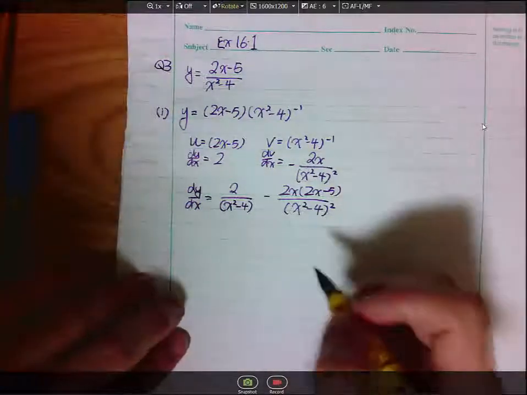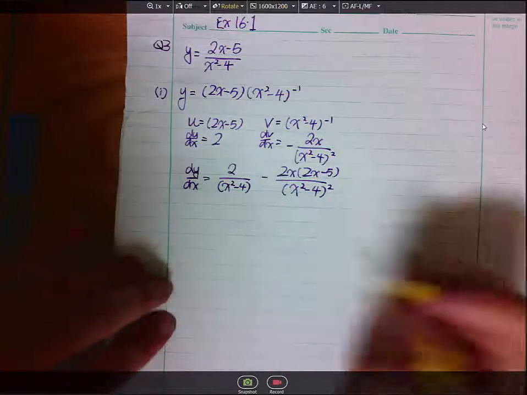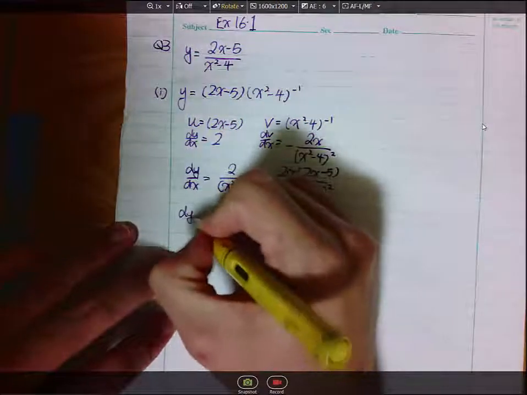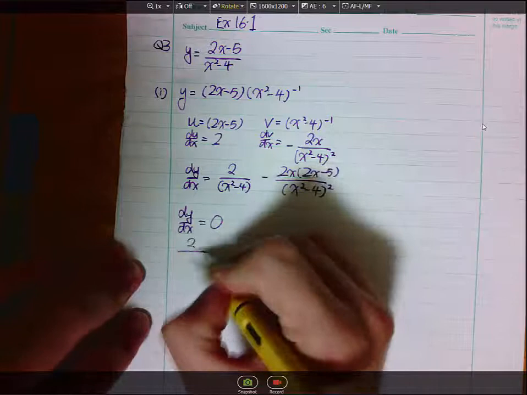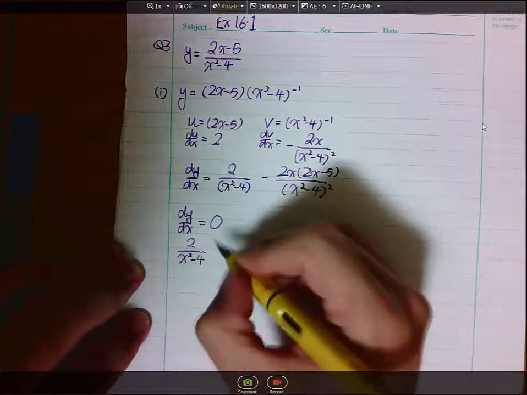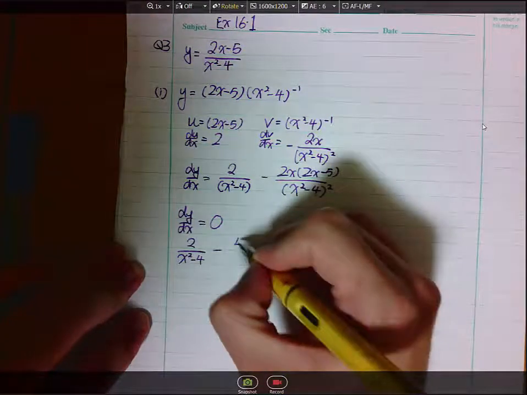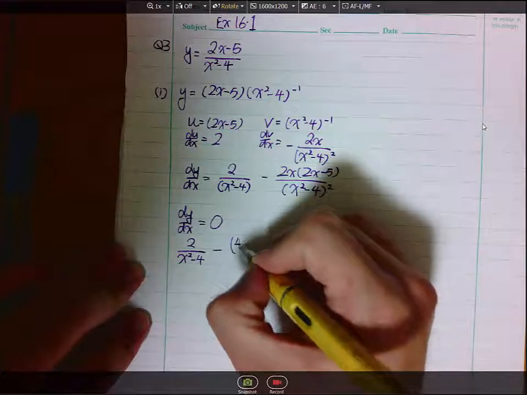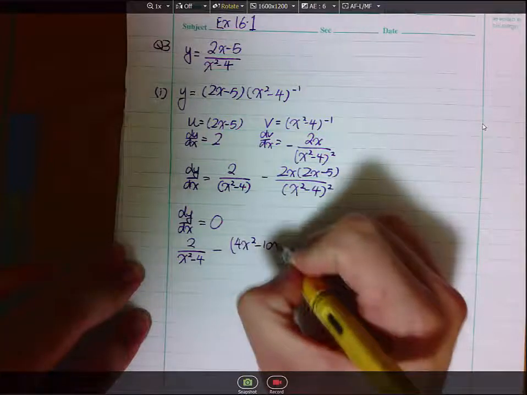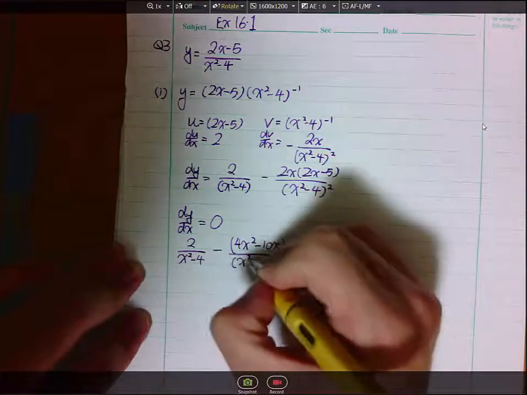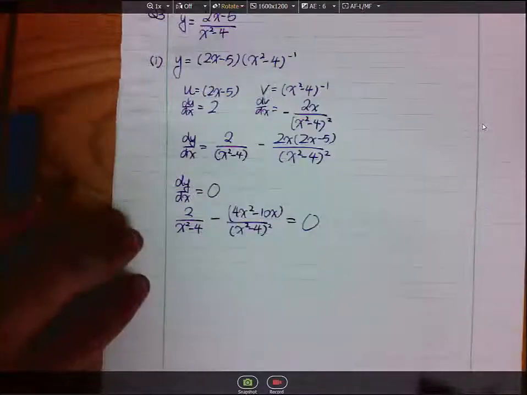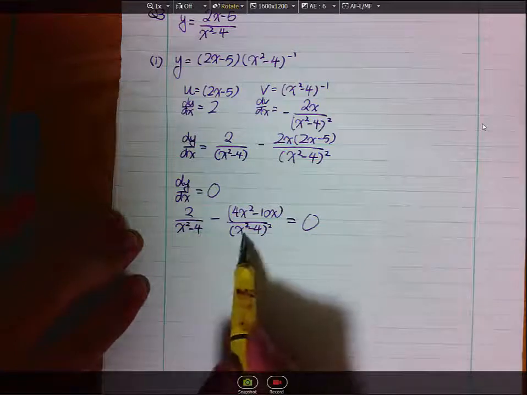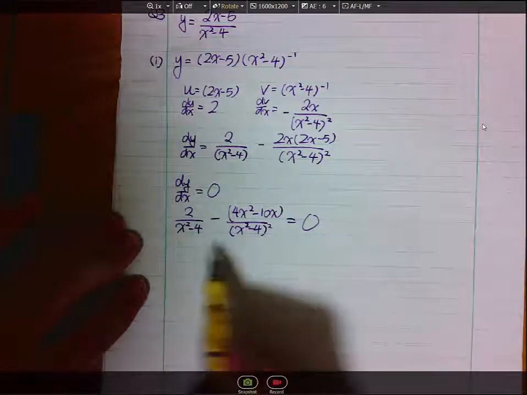Find the x coordinate of each stationary point. So we know that at a stationary point dy/dx is equal to 0. So I have 2(x squared minus 4) minus, this part I multiply in the 2x, I get 4x squared minus 10x, over (x squared minus 4) squared, equals 0. To solve this, I multiply throughout by (x squared minus 4) squared.